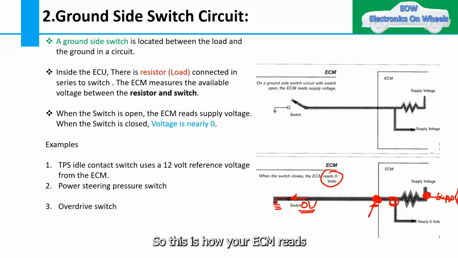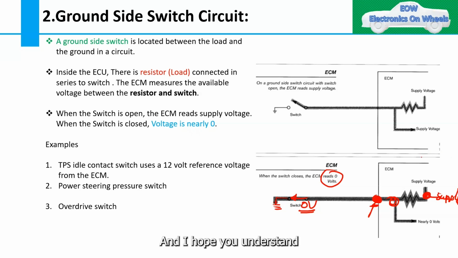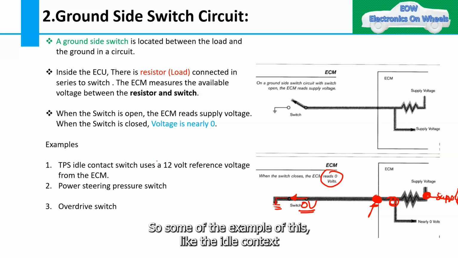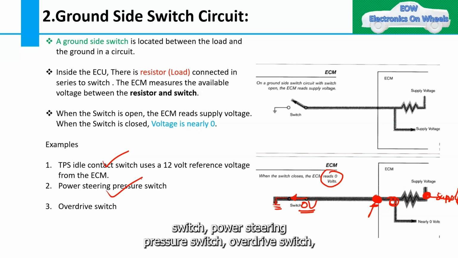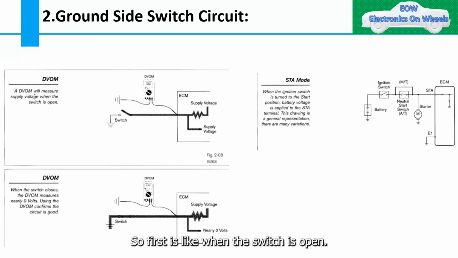So this is how your ECM reads the power side switch circuit or the ground side switch circuit, and I hope you understand the difference and how the ECM reads these values. Some examples of this are the TPS idle contact switch, power steering pressure switch, and overdrive switch. Let's see how the DVOM, that is the digital volt ohm meter, will read.